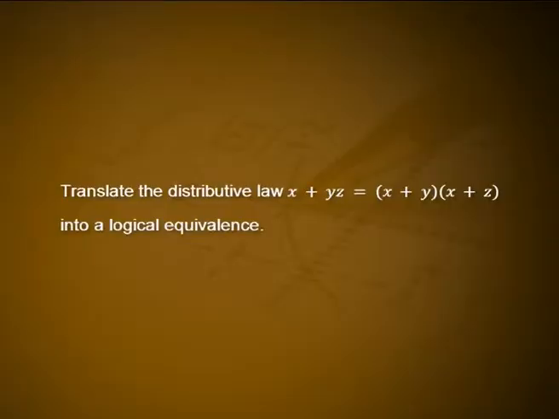Let us see an example. Translate the distributive law x + (y · z) = (x + y) · (x + z) into a logical equivalence. Solution. To translate a Boolean identity into a logical equivalence, we change each Boolean variable into a propositional variable. Here we will change the Boolean variables x, y and z into the propositional variables p, q and r.